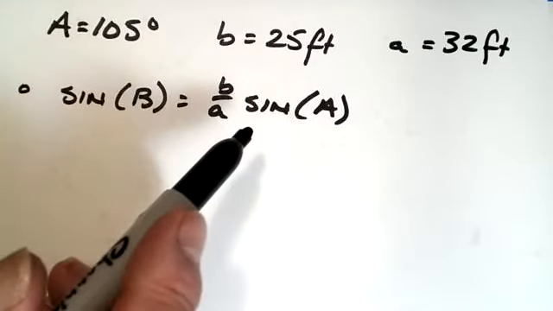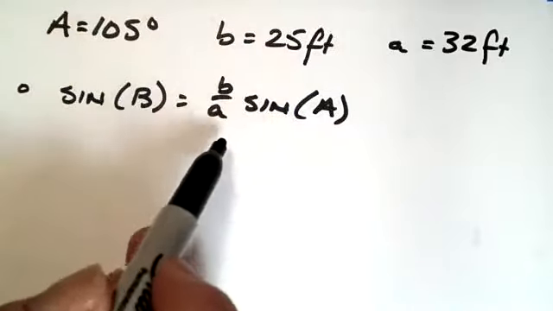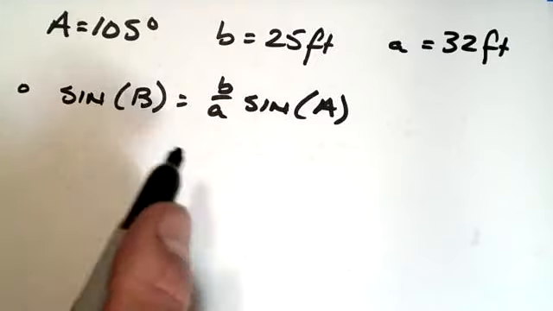And as long as it's less than 1, which is the criteria for that, A has to be larger than B in order for that to be less than 1, we will be able to take the inverse sine.